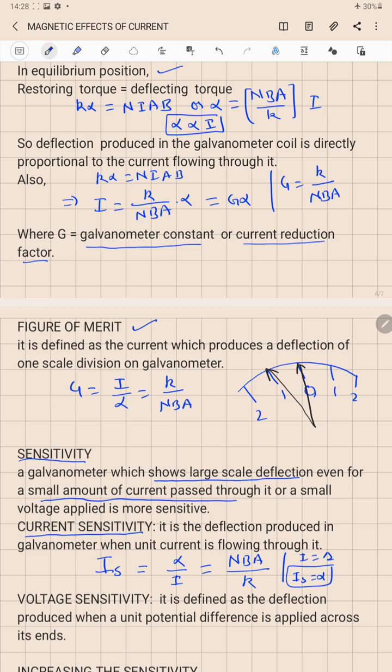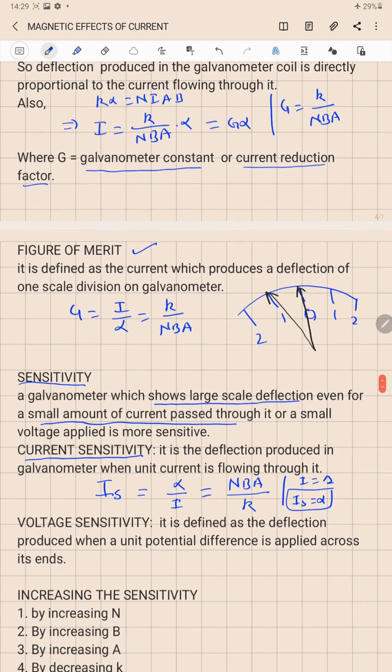So you can see that current sensitivity is inversely proportional to current. So a highly sensitive galvanometer will have a high value of IS only when the current in the coil is small.